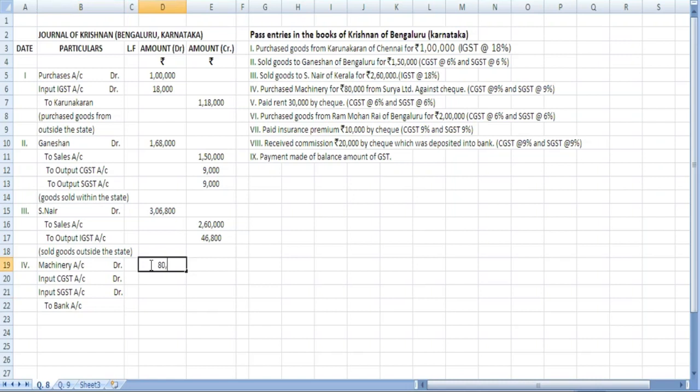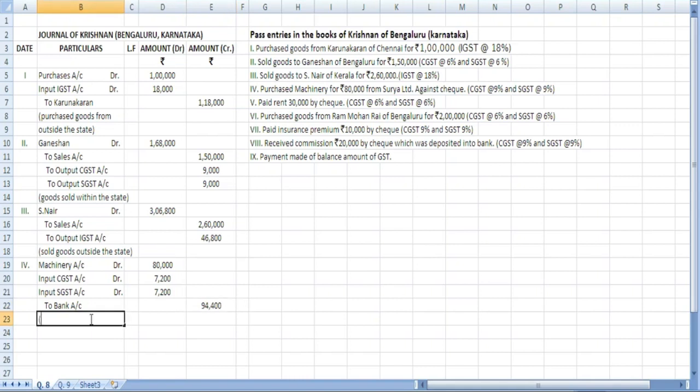Machinery was for 80,000. The GST that we paid was 9% and 9%. So 9% CGST will be 7,200 and 9% SGST will be 7,200. Now when we add these three, it will come to 94,400.